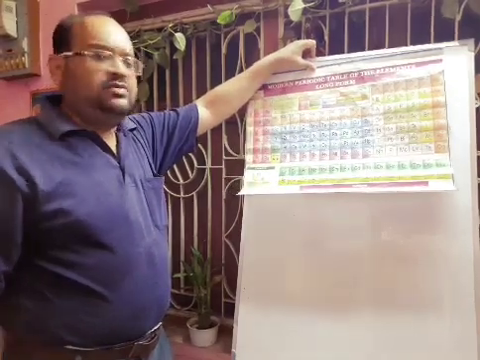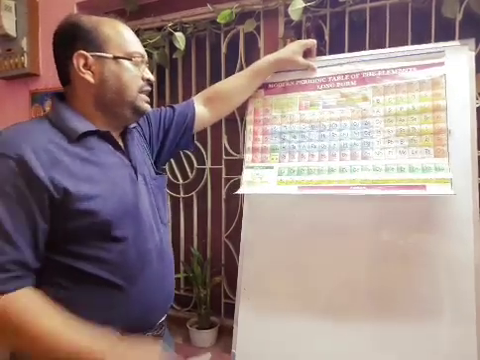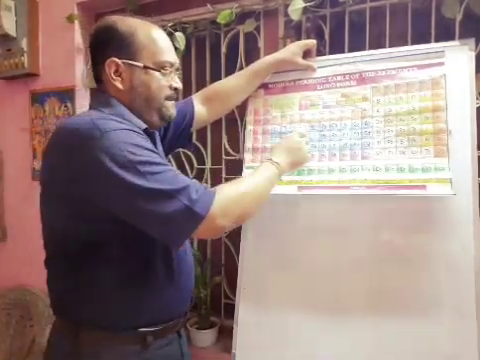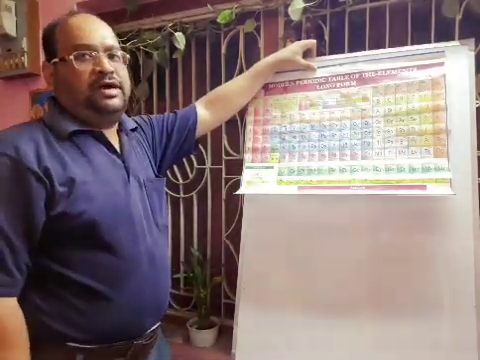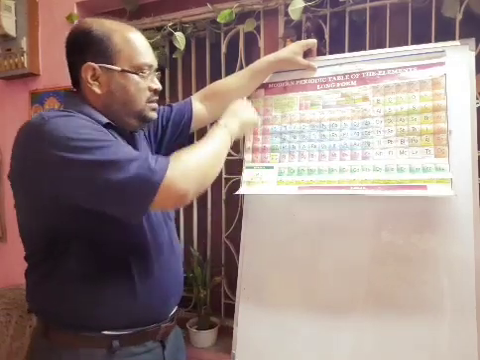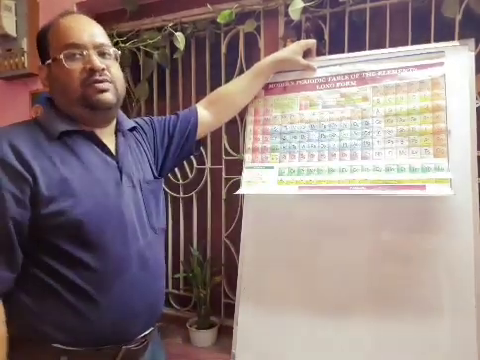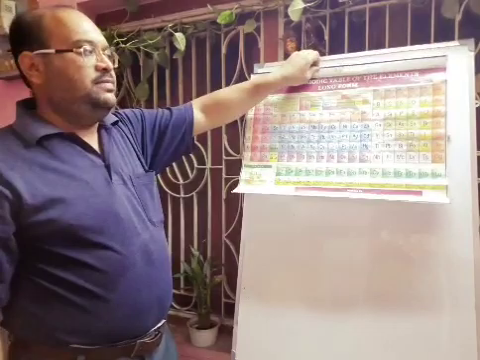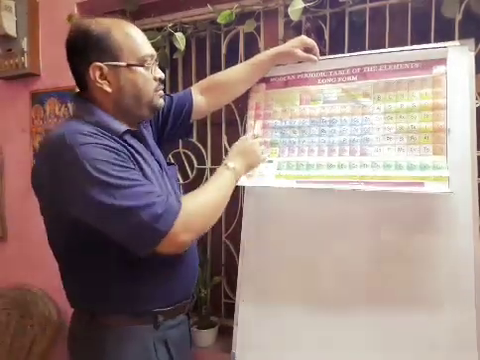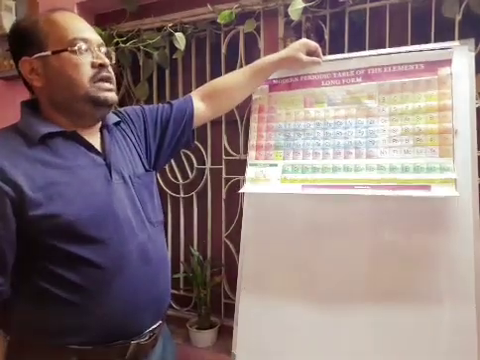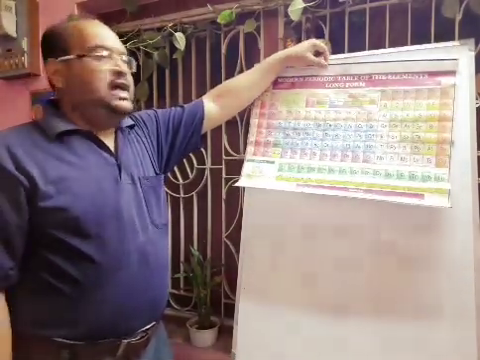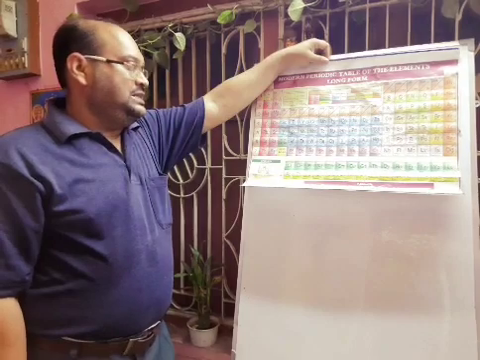Now here you have to understand one thing, that this horizontal row, these are called periods, and these vertical columns, they are called groups. And in your level you only try to remember up to calcium, that is 20 elements. And from this periodic table you have to understand about the valency.